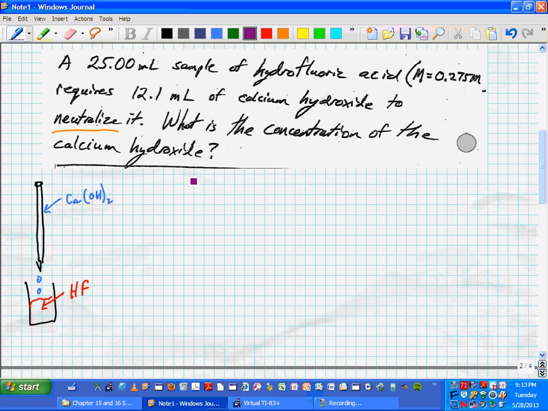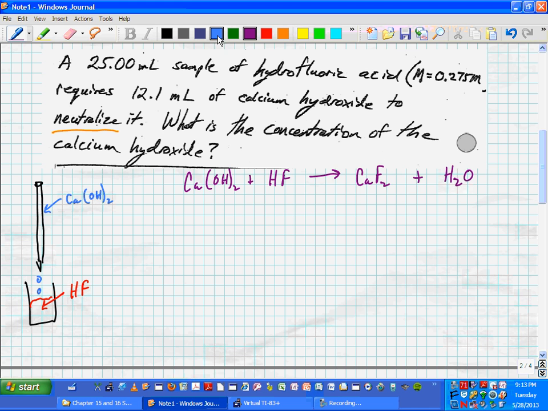We're going to have calcium hydroxide reacting with hydrofluoric acid to produce, well, if it's a double replacement reaction, that means the calcium and the fluorine are going to get together. That's a calcium with a +2, fluorine with a -1, so that's going to be CaF2. And then I've got hydrogen getting together with hydroxide, HOH, which we talked about yesterday, is going to be H2O.